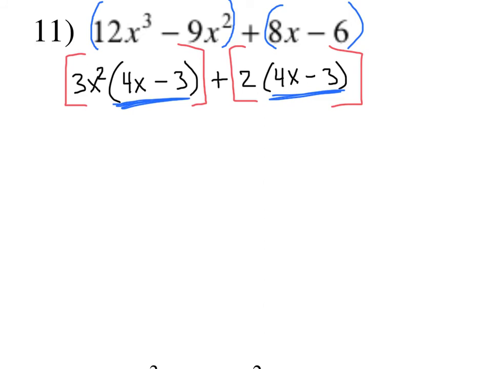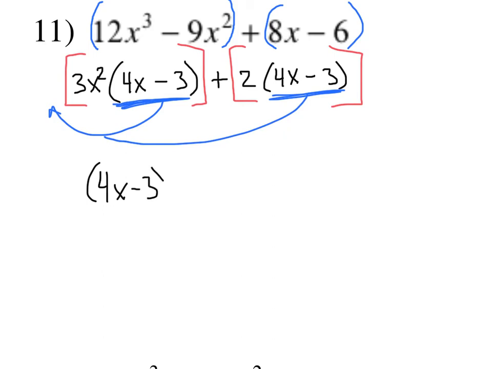So I want to take that common factor and pull it out in front of everything, giving me 4x minus 3 times what's left behind. What is left behind is the 3x squared plus 2. That gives us our final answer.